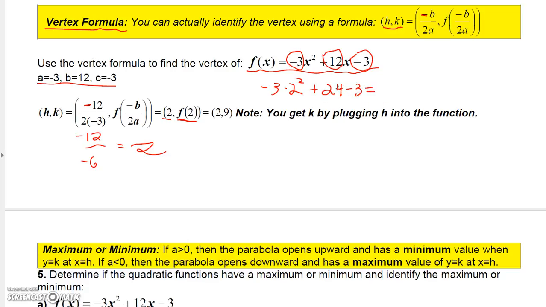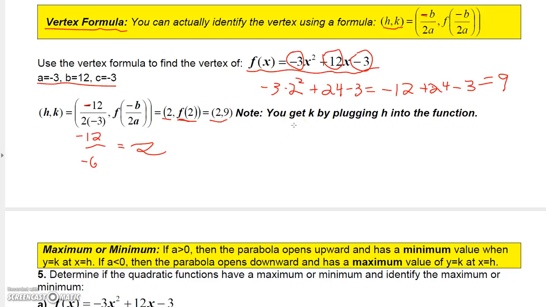Well, -3 times 2 squared, that's -3 times 4, so that's -12, plus 24, and then minus 3. Well, -12 plus 24 is 12, and then 12 minus 3 would equal 9. So that's how I got the 9. So I know the vertex is (2, 9). So that's how that works.